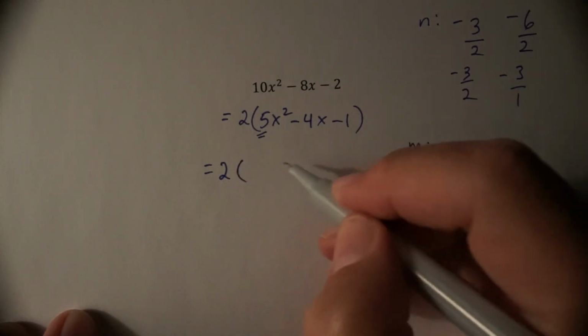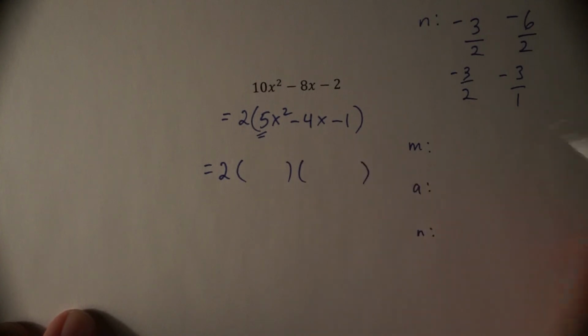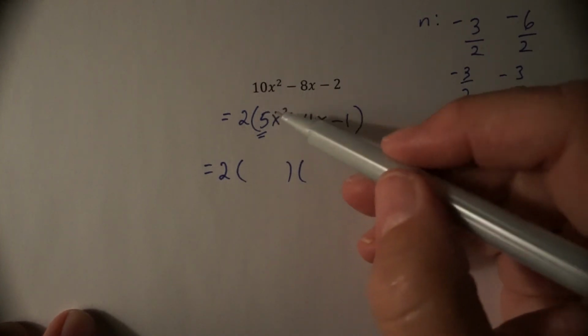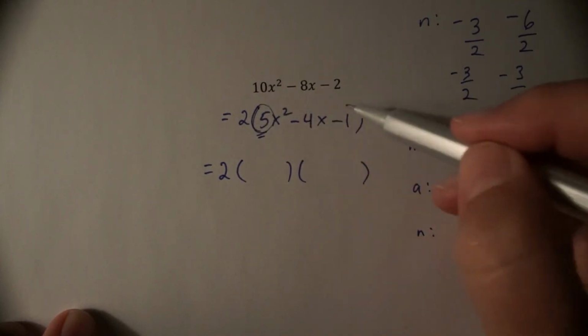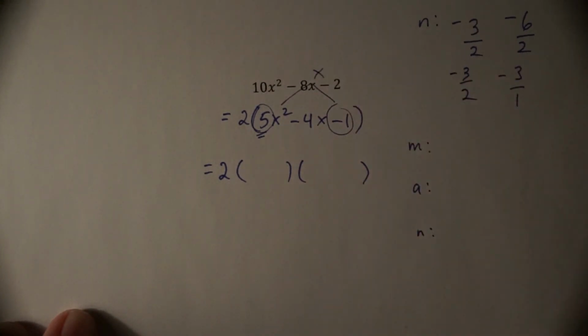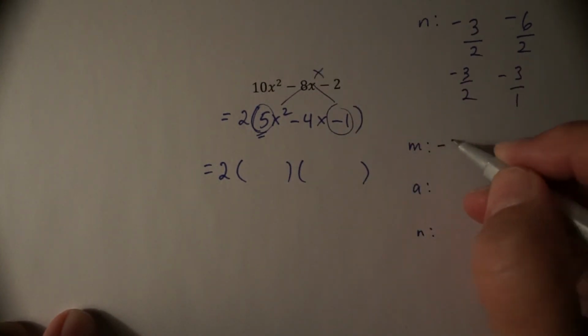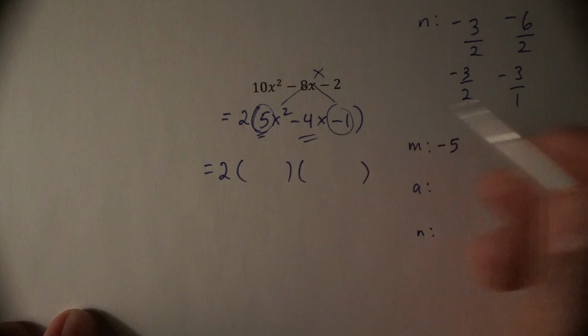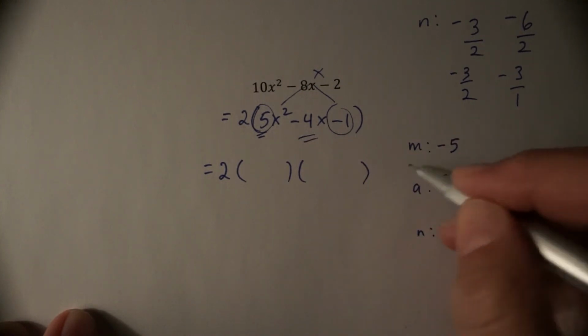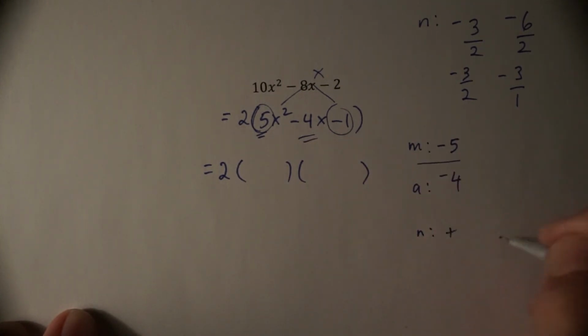Okay, we're going to put down the 2 brackets. And we say it multiplies, remember, not to -1, but to -1 times 5. So it's going to be multiplying to -5, adding to -4. Because it's multiplying to a negative, it's going to be a positive and a negative. And it's going to be a -5 and a +1.